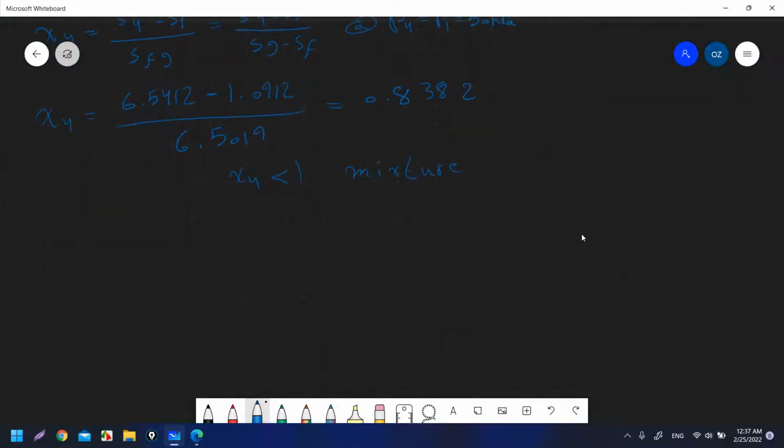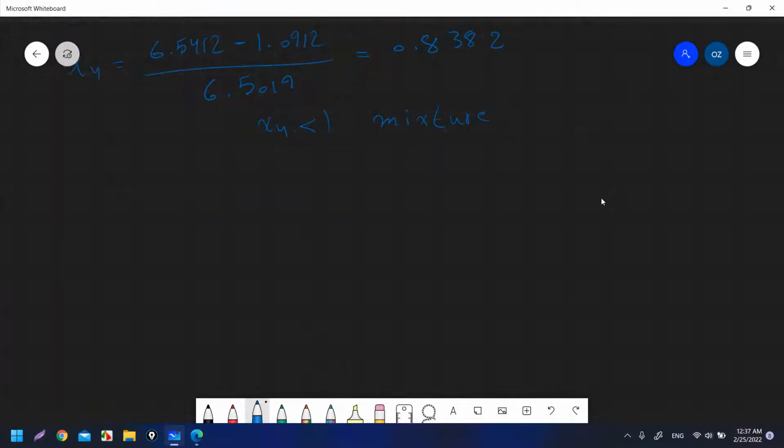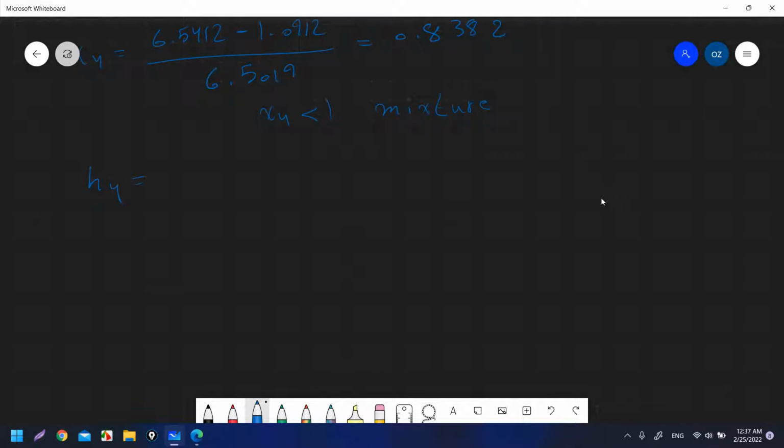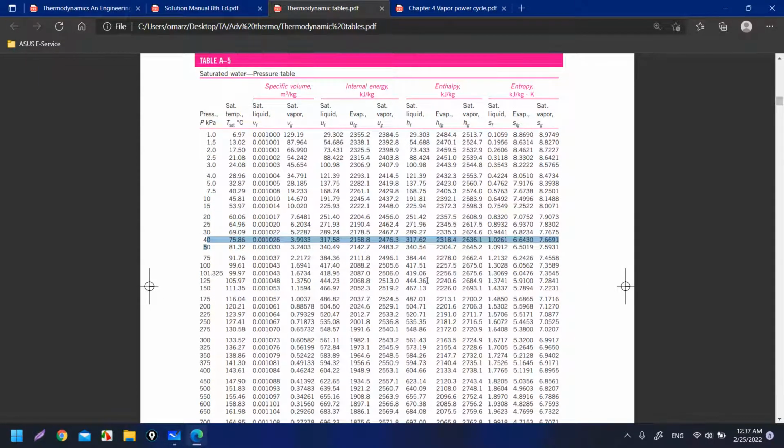So let's write this equation: H4 is equal to HF plus X4 HFG, at P4 equal to P1 equal to 50 kilopascal, the condenser pressure. HF is 340.54 and HFG is 2304.7.